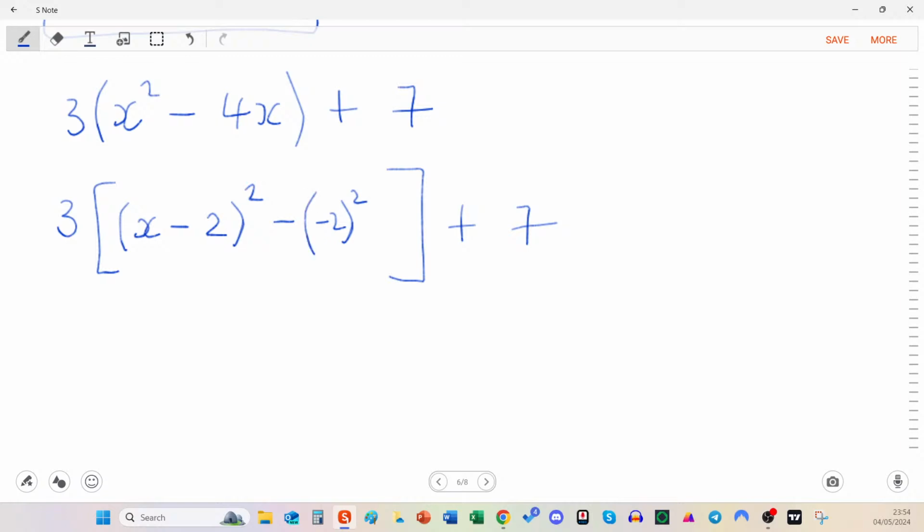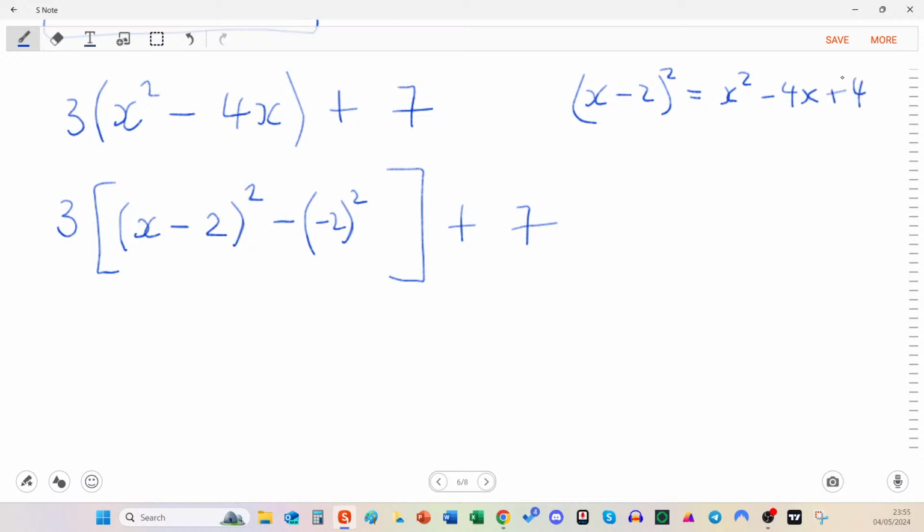Thankfully anything squared is positive, but we'll still write negative 2 all squared, so you can see. And there's actually a plus 0 here, but that means we're going to add 0, but we don't need to write that. So it's really nice when there's not a number at the end. What you'll find is that x minus 2 all squared is x squared minus 4x plus 4.